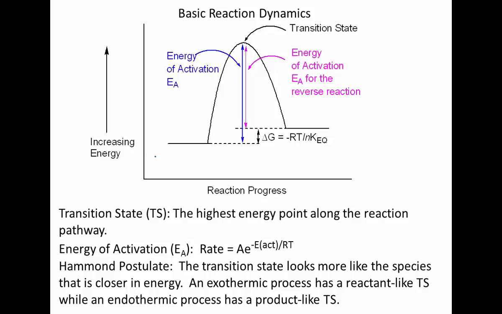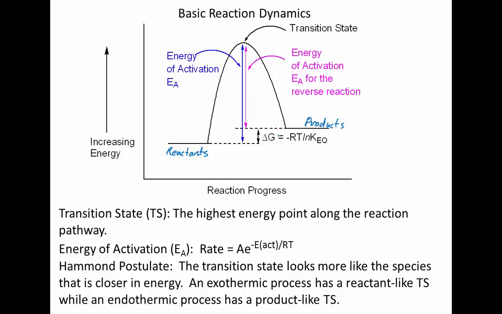Okay, so let's just put that in here. This is reactants. And they go to products, okay? But it's not a smooth transition. We don't just slowly gain energy here in this endothermic reaction as we transition from reactants to products.